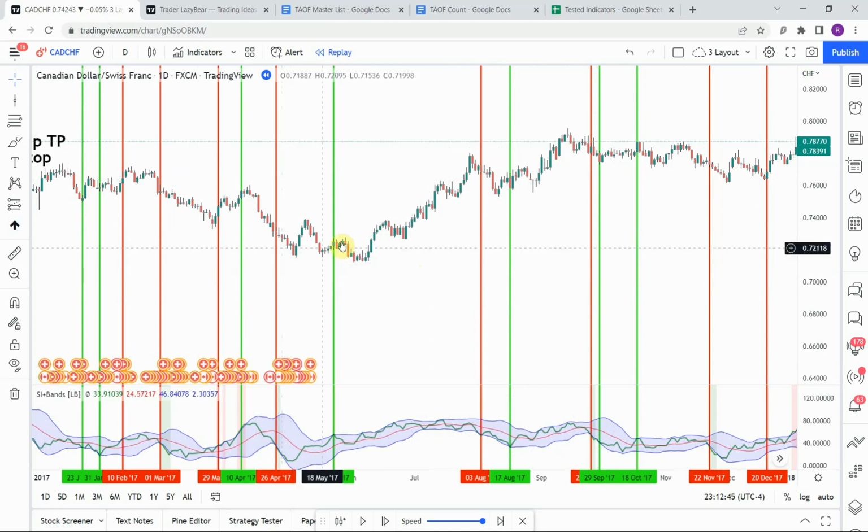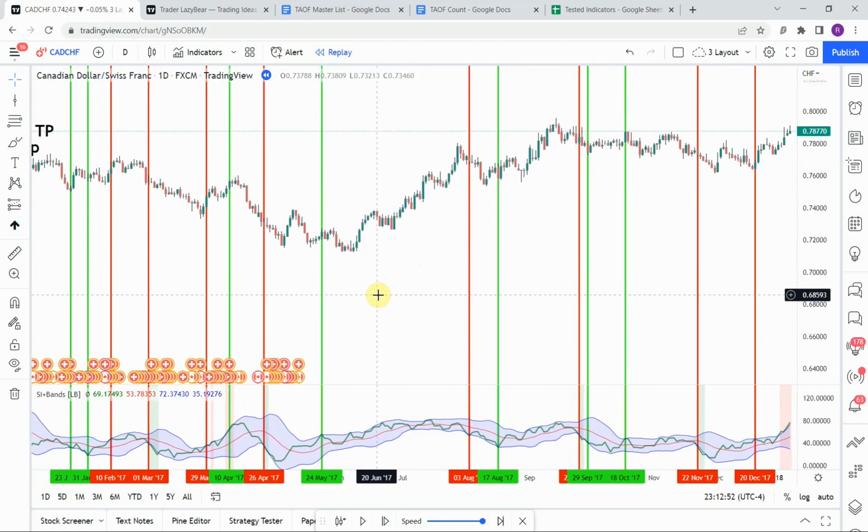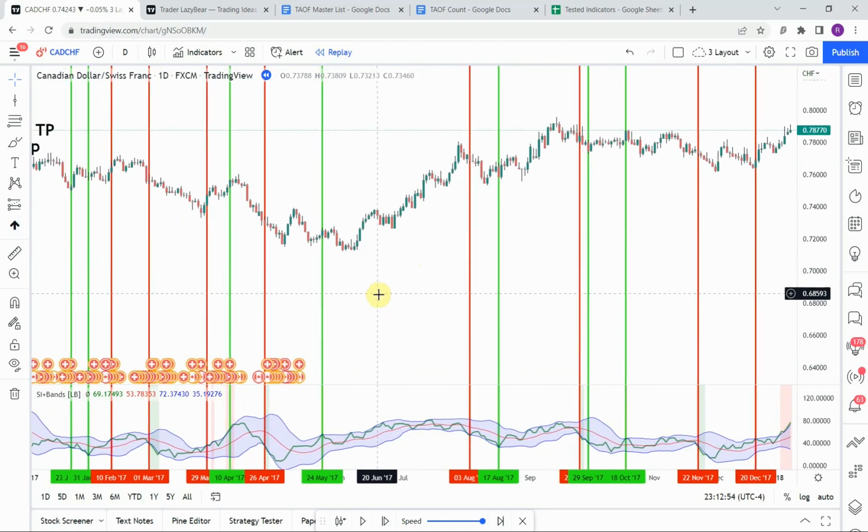There were moments where this indicator did well, and there were other moments where this indicator was just slightly off. And so I've kind of seen this before with systems that use Bollinger Bands or systems that use channels, kind of like this.